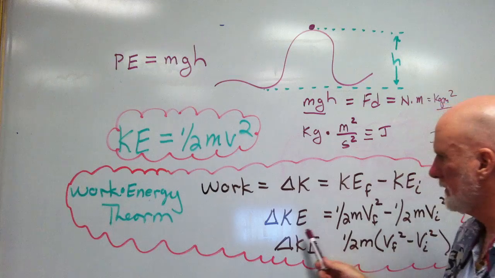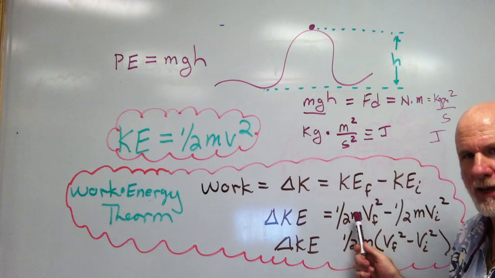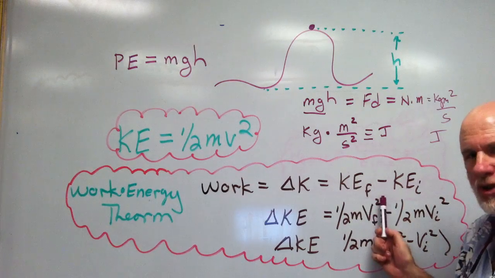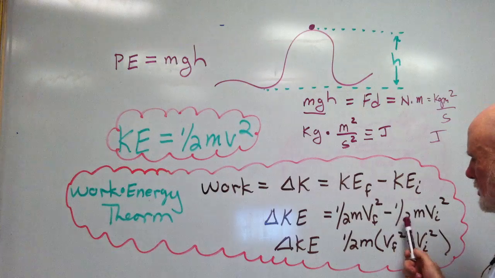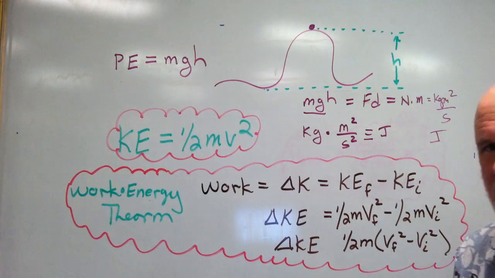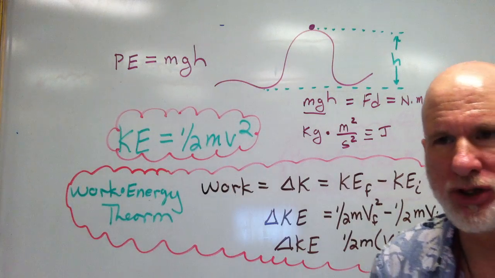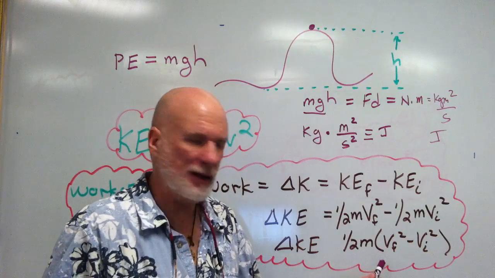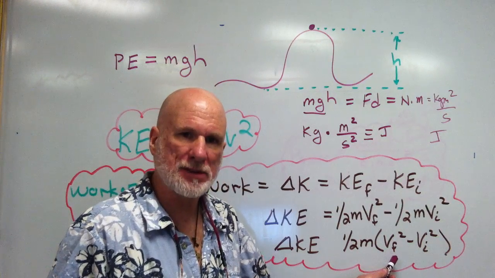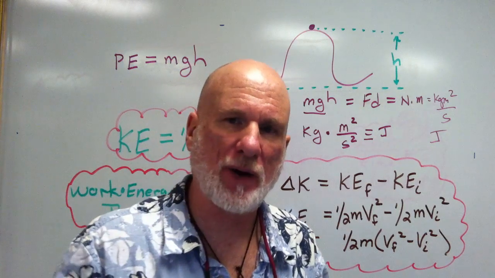I know that kinetic energy, the final would be 1/2 m vf squared minus 1/2 m vi squared. Factor out the 1/2 m, you get 1/2 m times vf squared minus vi squared.